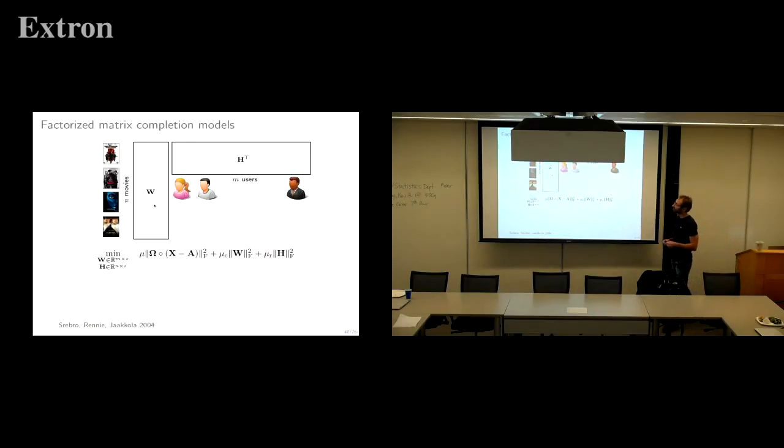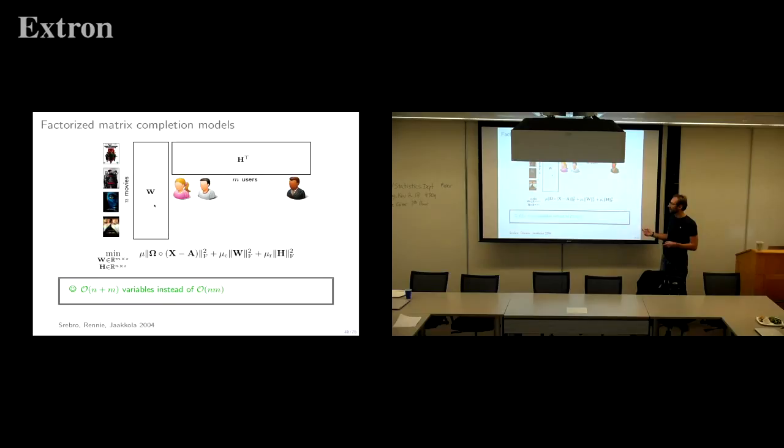So a different approach is to assume that the matrix is factorized. Basically you write it as a product of column and row factors, where one of the dimensions is fixed and small, independent of the input size, denoted by S, right? So this matrix is thin and this matrix is low, right? Here the total number of variables is linear in the largest dimension of the matrix.